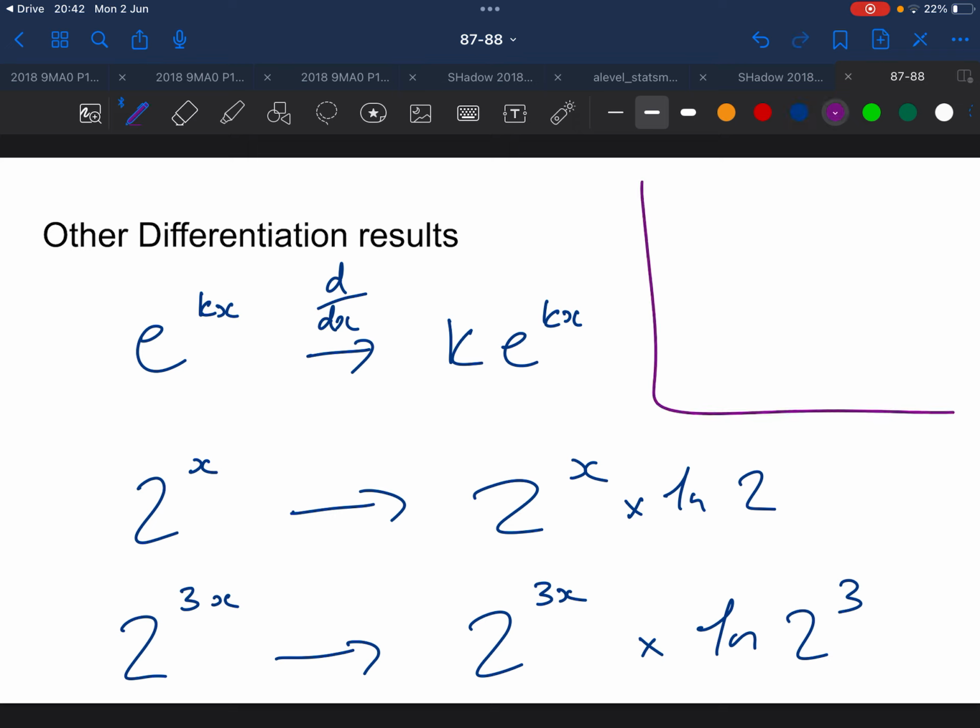Now, I've seen this come up before when you've been asked to integrate things like 5 to the x. Okay, so we know that the answer looks something like 5 to the x, don't we, when we differentiate it? But we would get same again times natural log of the number bit.